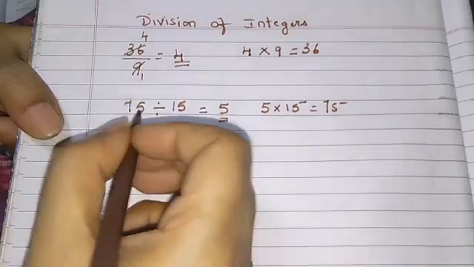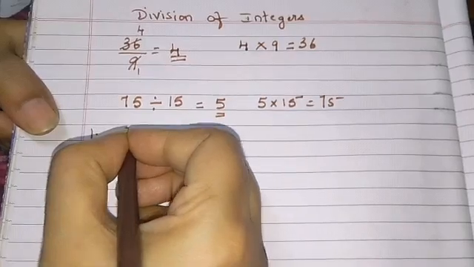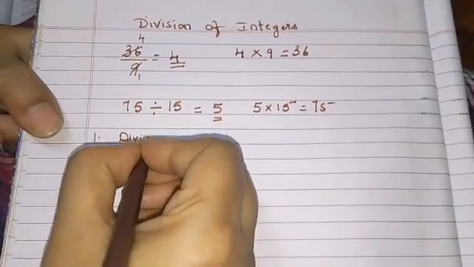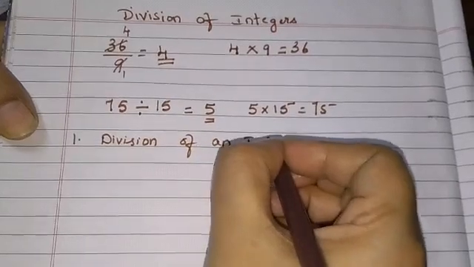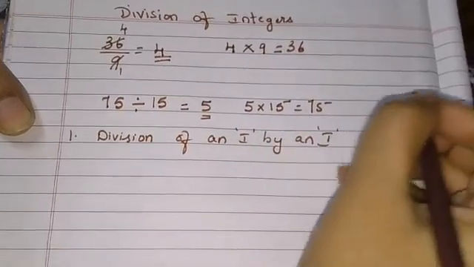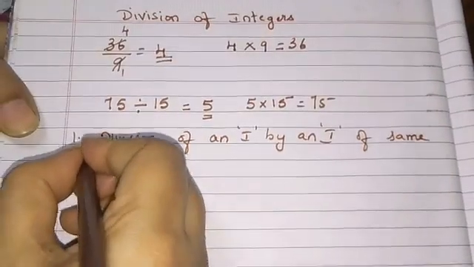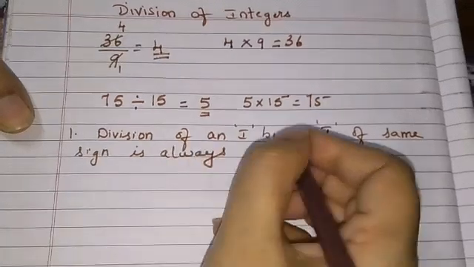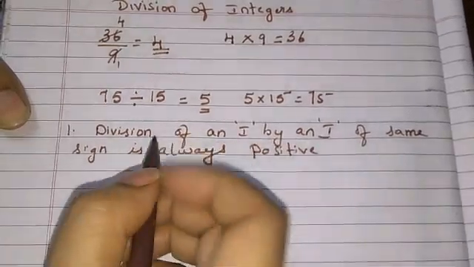Number one, very important: division of an integer by an integer of same sign is always positive. Let me write it down for you.